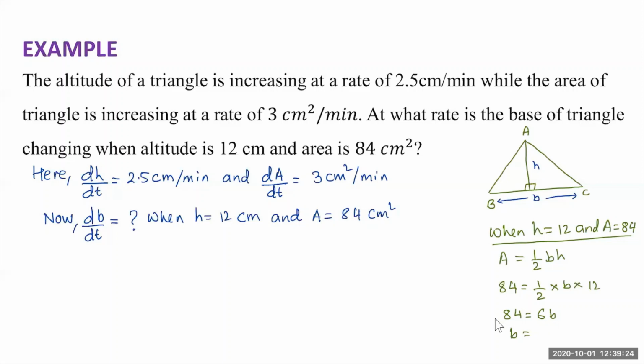To find b, divide both sides by 6. So it will be 84 over 6, and 84 divided by 6 is 14. That means when the area is 84 and the height is 12, the base is 14 centimeters.